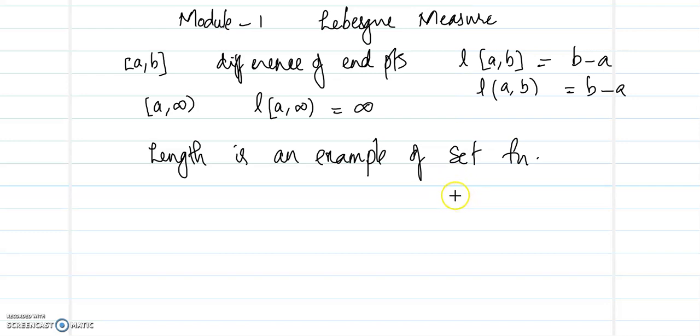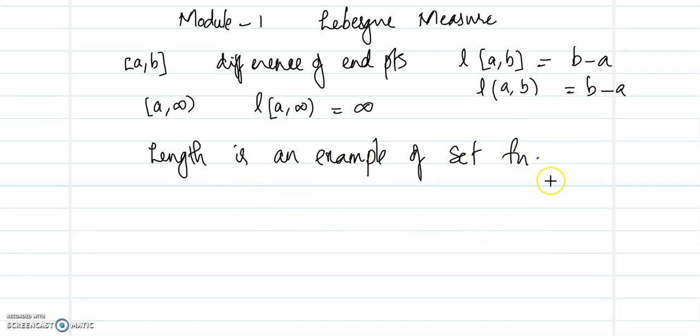For any bounded interval you will get a finite value. If the interval is unbounded, the length will be an infinite value. If you take length to be a function, its domain will be all the subsets of real numbers, and the values in its range will be non-negative. So length will be greater than or equal to 0. Therefore length is an example of a set function.